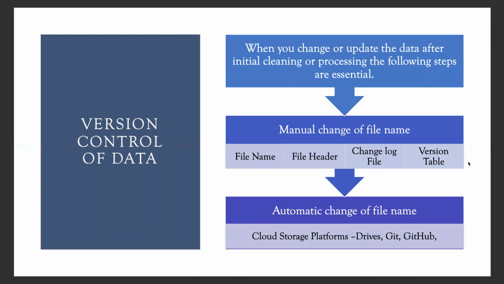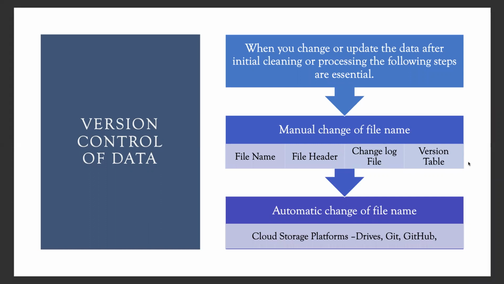So what do you mean by version control of data? Whenever you change or update the data after any kind of initial cleaning or any type of processing, the following steps are essential. Whenever you are changing anything in a data, you are actually creating a new version of the same data.